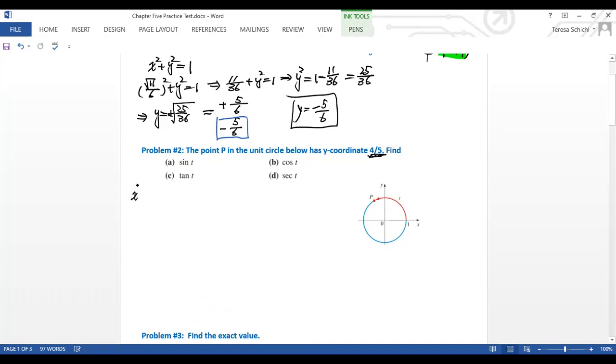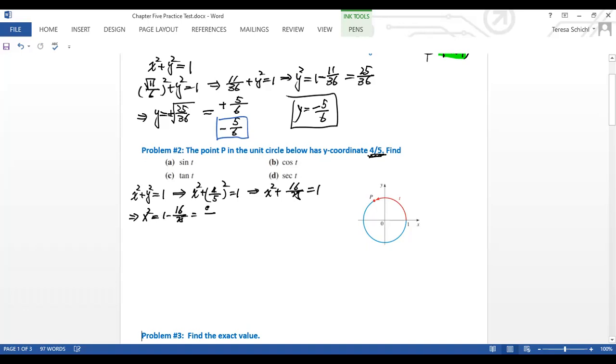The first thing is let's use x squared plus y squared equals 1. Because they gave y, I need to know what x is. So it's x squared plus (4/5) squared equals 1, right? So this would give you x squared plus 16 over 25 equals 1. So then x squared is equal to 1 minus 16 over 25.